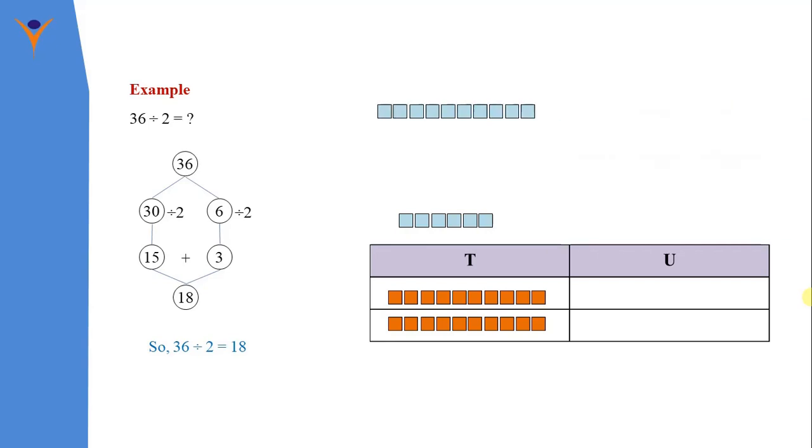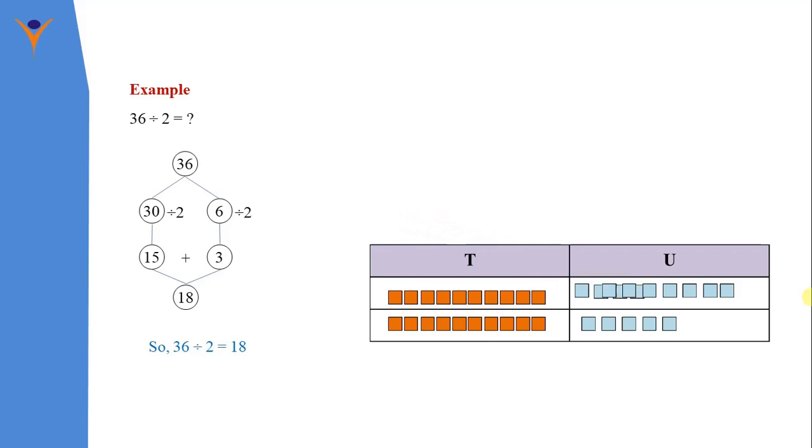Here we go. So now we have 10 ones, and then the 6 ones at the bottom as well. So let's share that equally into each of the rows in the ones column on the place value table. So there we have 5 ones, and there 5 ones, and now we are left with 6 ones, which we're going to split into 2 equal parts. So 3 ones added, and then 3 ones added.